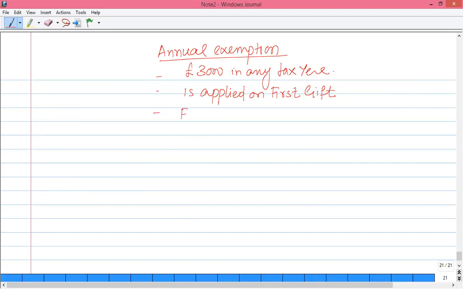Irrespective of whether first gift is PET or CLT, it is always applied first on first gift.